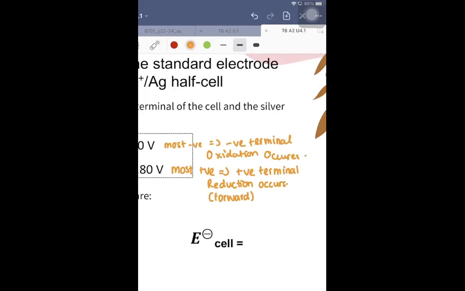I try not to use the words anode and cathode. If you remember, for electrolysis, the negative terminal is your cathode, and this is where reduction happens. But for an electrochemical cell, it's the opposite. It is the oxidation reaction that occurs.